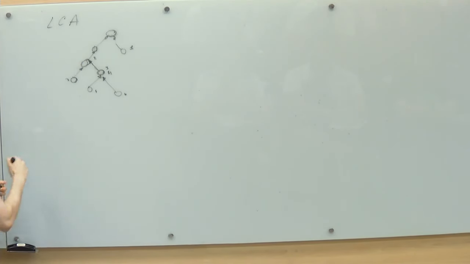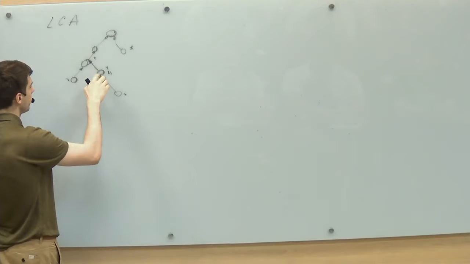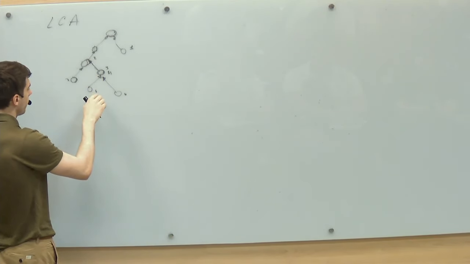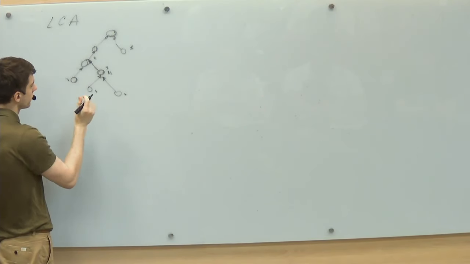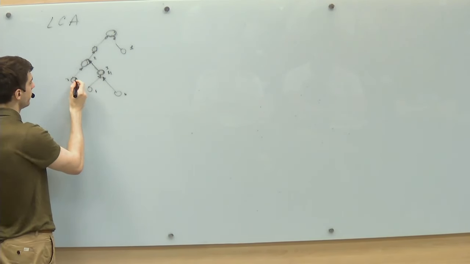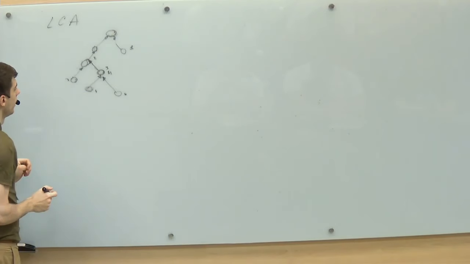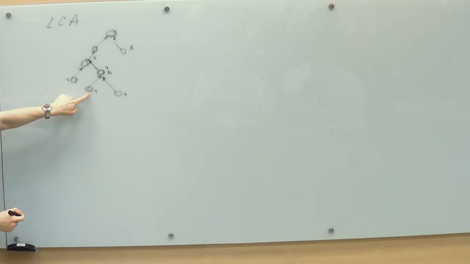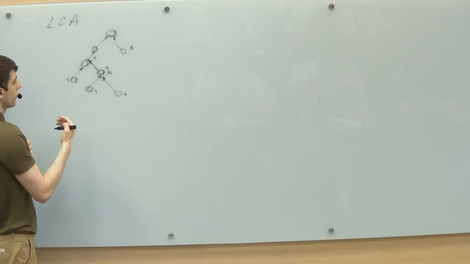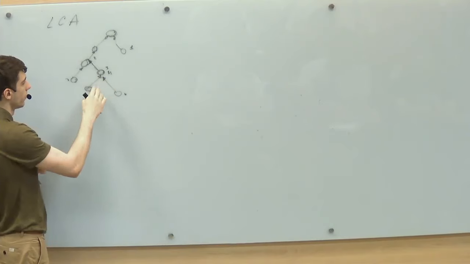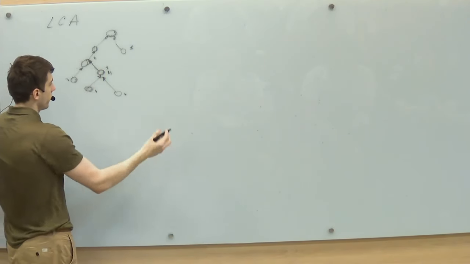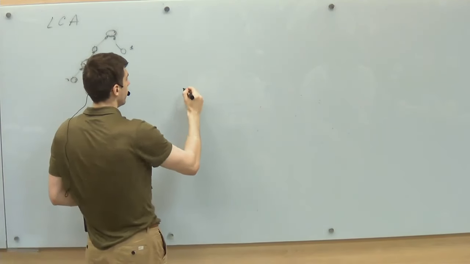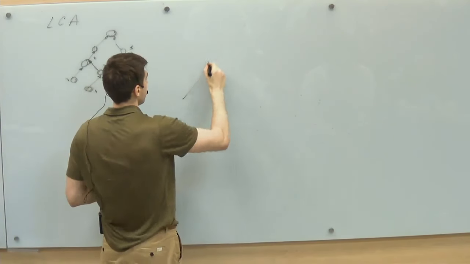We know the depth for each vertex, and we'll try to find the lowest common ancestor, for example, for this vertex and this one. We know that this vertex has a larger depth, so we can be sure that from this vertex we can go up higher.